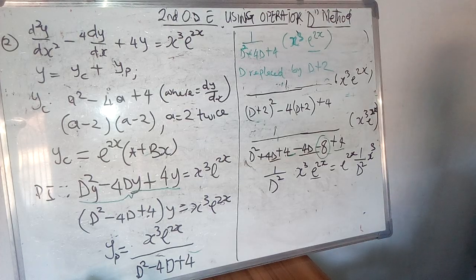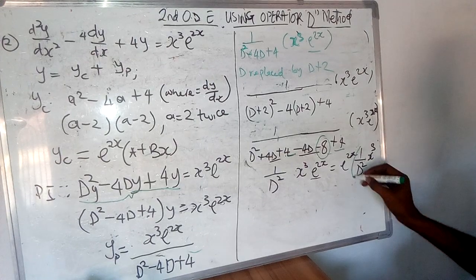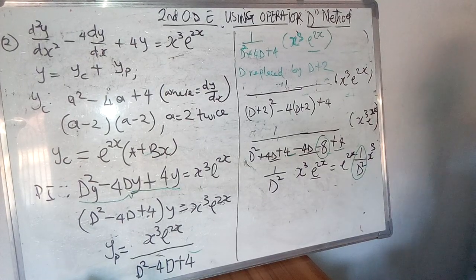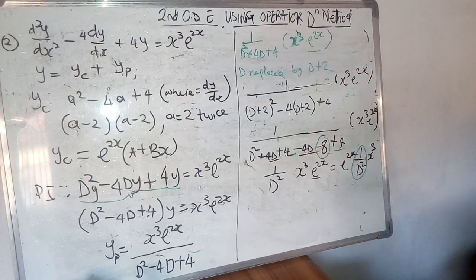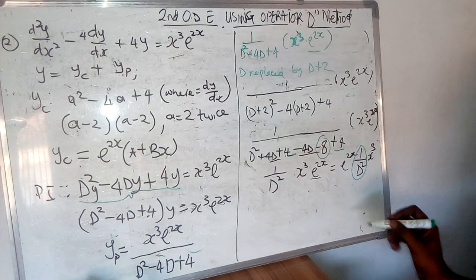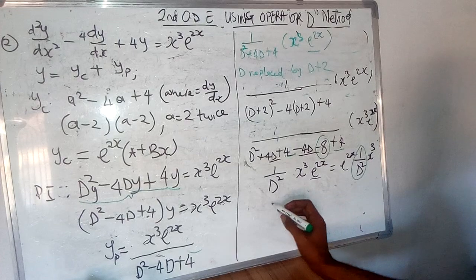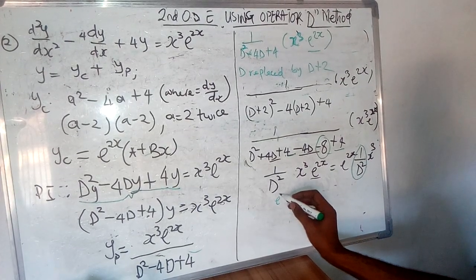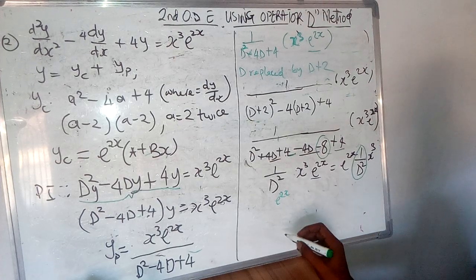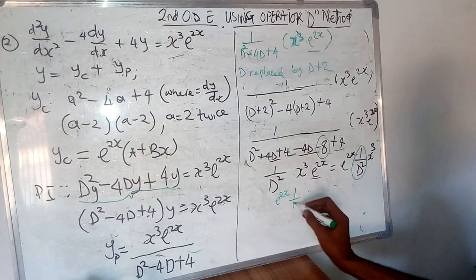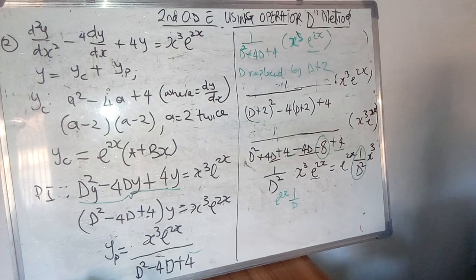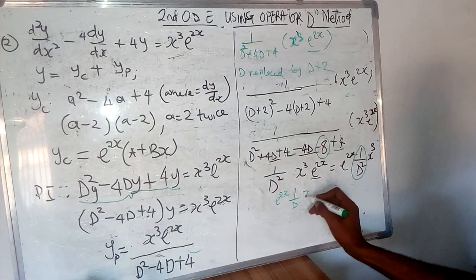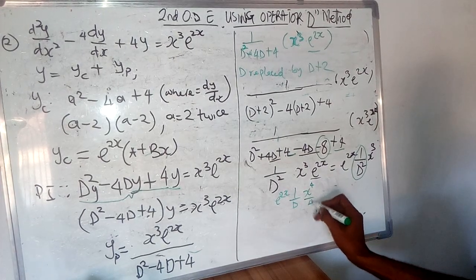So what do we do? We integrate it how many times? This is the operator now. Recall 1 over d squared means you integrate twice. The first integration will give you exponential 2x times x to the 4 all over 4.